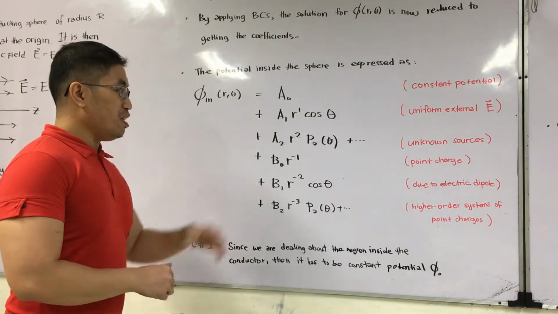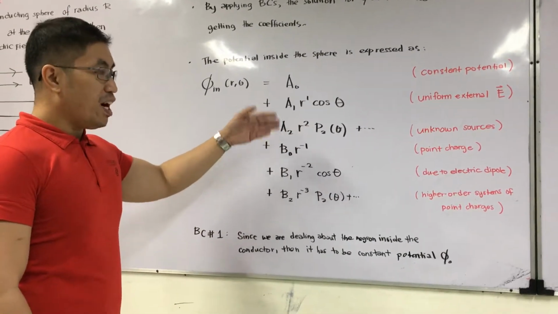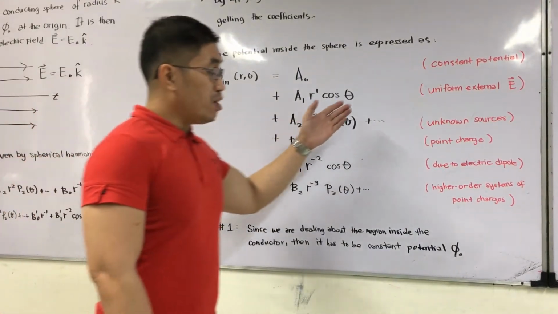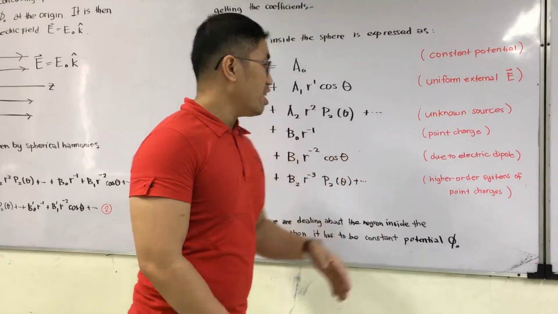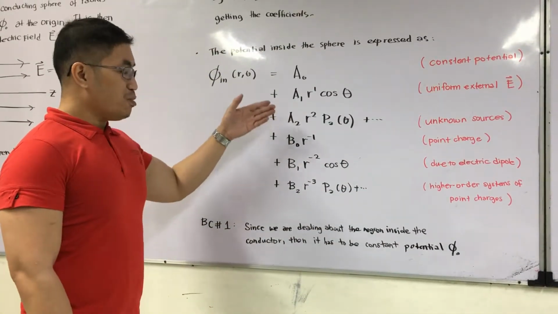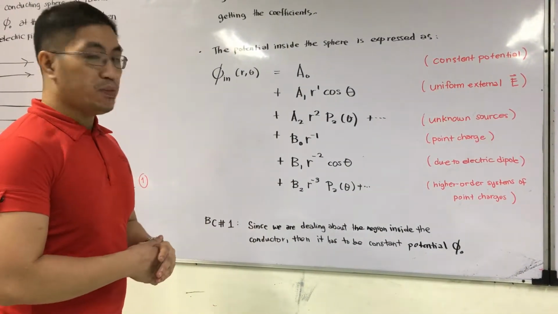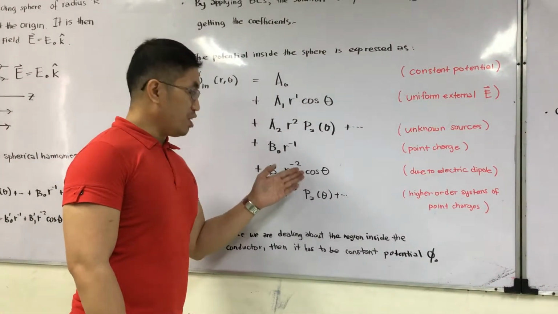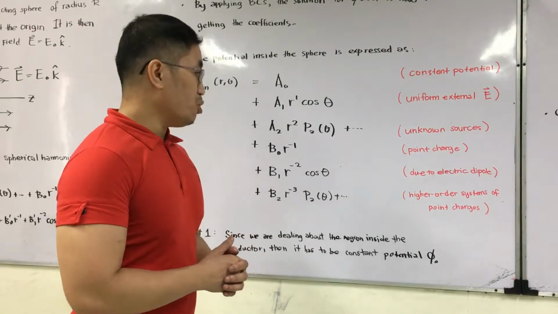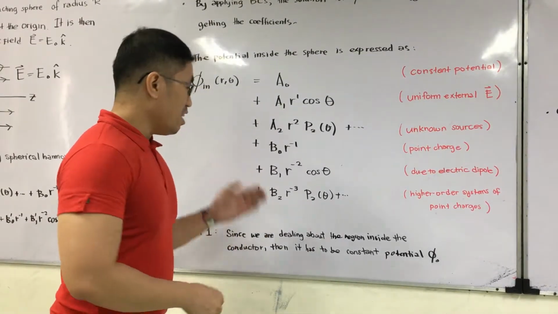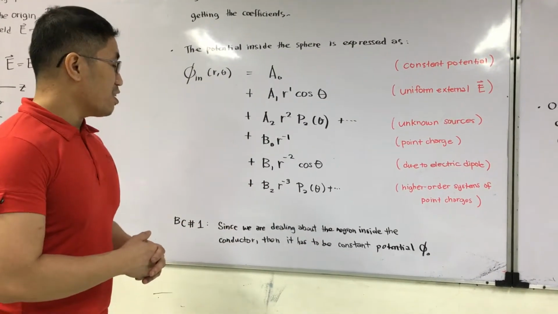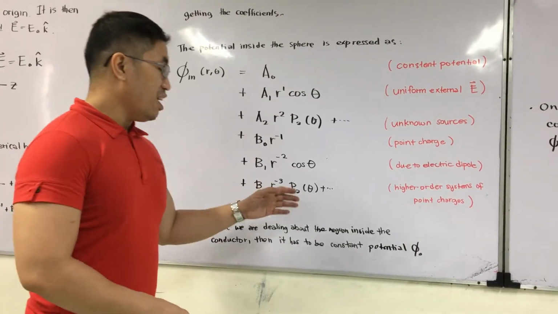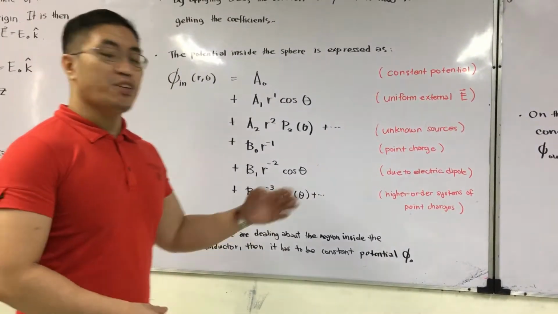A2 r squared P2(theta) is a higher order potential that would be due to unknown sources. B0 r raised to minus 1 is the potential due to a point charge. B1 r raised to minus 2 cosine theta is the potential due to an electric dipole. And the last term, B2 r raised to minus 3 P2(theta), and so on, corresponds to higher order systems of point charges.